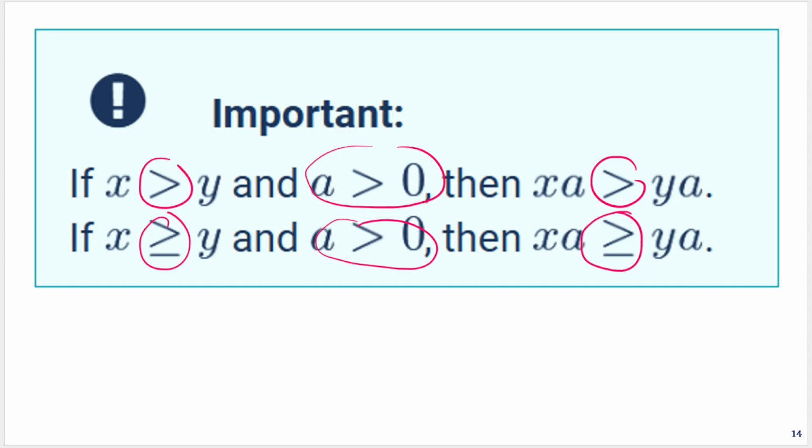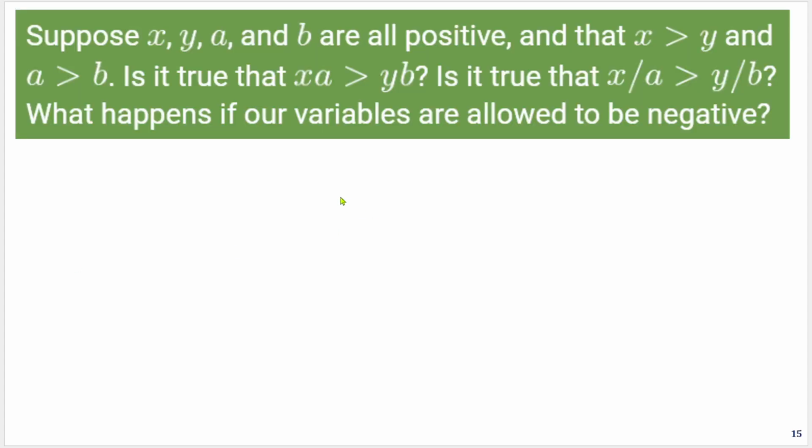Okay, if you don't have any questions, let's consider another problem. Suppose x, y, a, and b are all positive, and that x is greater than y and a is greater than b. So basically we have x is greater than y, which is greater than 0, right? And a is greater than b, which is greater than 0. So is it true that x multiplied by a is greater than y multiplied by b?